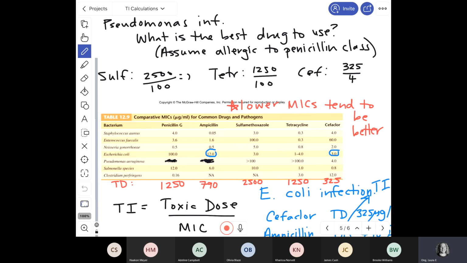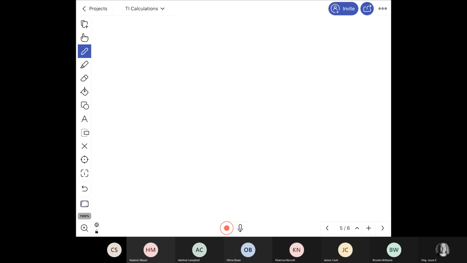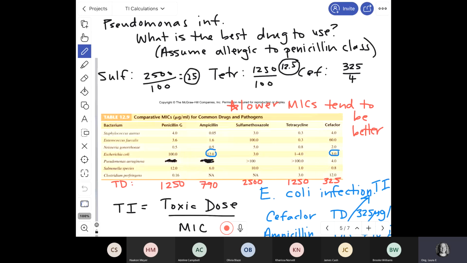So that one would be 25. Tetracycline, it would be 12.5. And then cefaclor, it's going to be some bigger number than those others. So cefaclor would be the best drug to use.